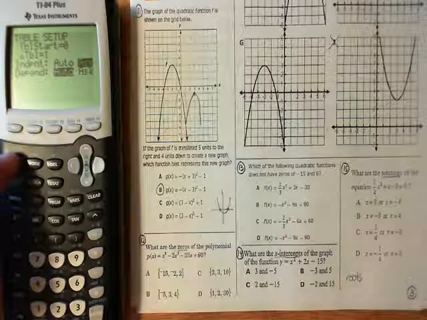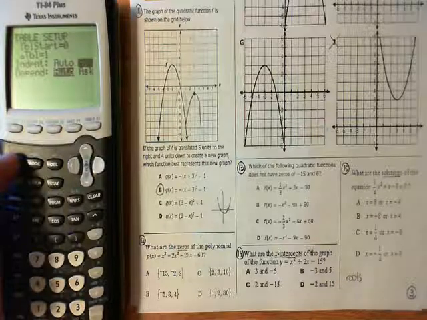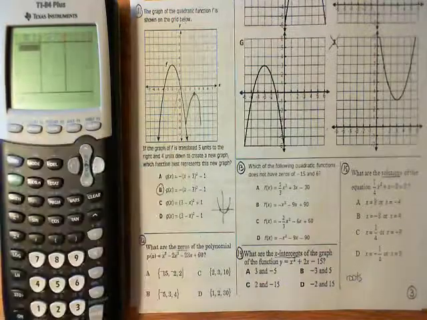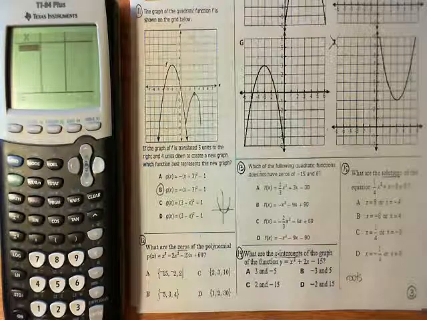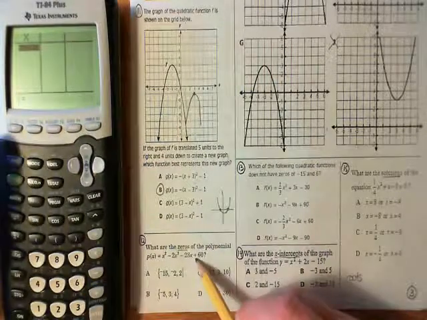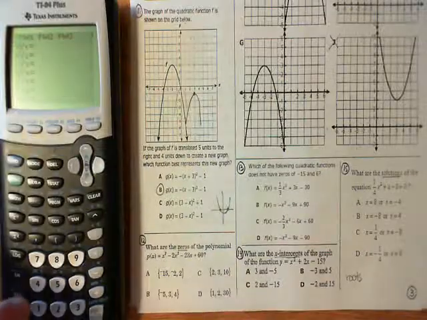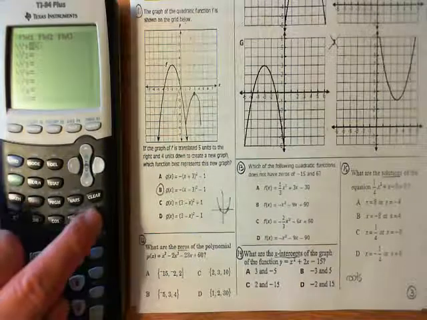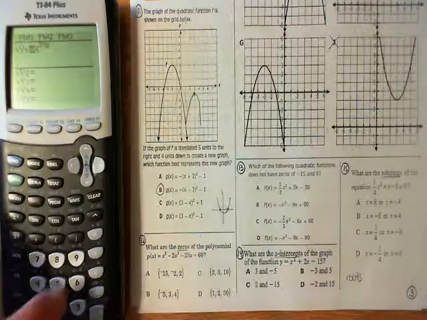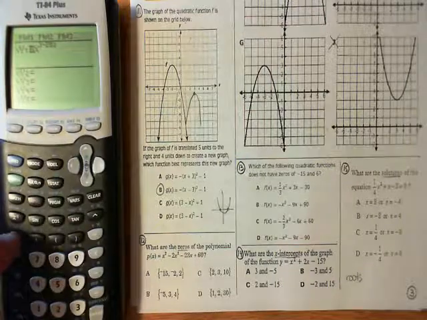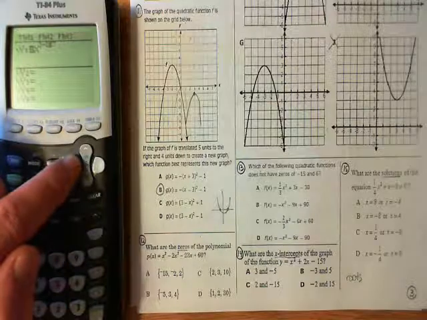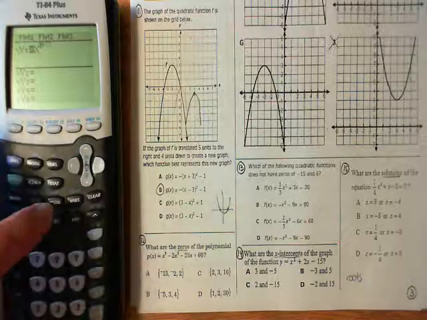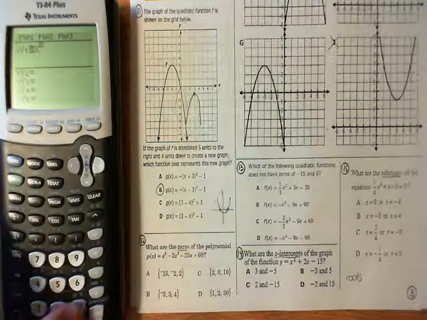Okay, and remember to press enter and then press second table, and your table should look like this. When I enter this equation under y, we're going to press x raised to the third power minus 2x squared. Okay, gotta be careful with my calculator here. It's a new edition, so let me clear that. Now, this would be 3.